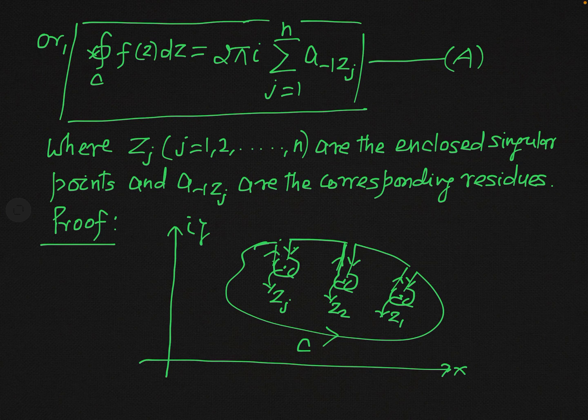So see in this figure we have connected the circles, let us say C1, C2 and Cn by a crosscut as you are seeing in this figure, and then we will apply the Cauchy integral theorem and very easily we can prove this theorem. So let us now see its proof.